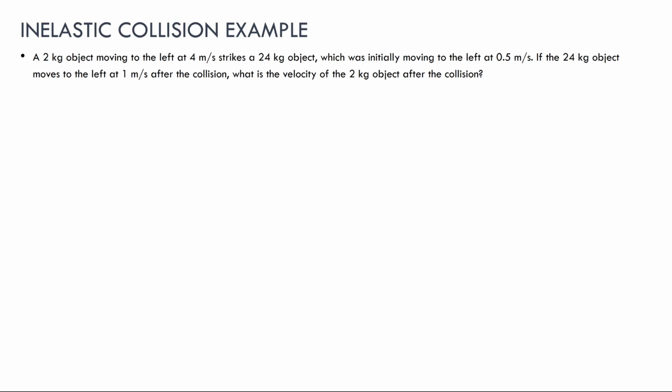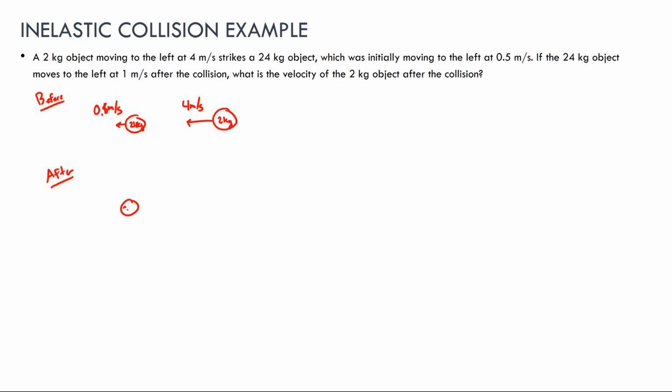What I'm going to do here is draw just a little picture so we can see what's going on. We have this 2 kilogram object which is moving to the left at 4 meters per second initially, and then we have this 24 kilogram object, which is obviously not to scale, which is moving to the left at 0.5 meters per second initially.